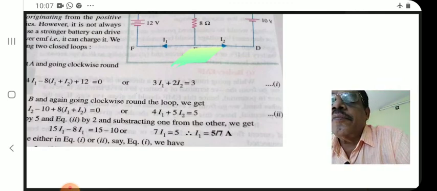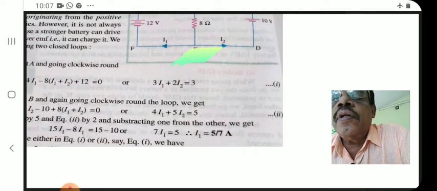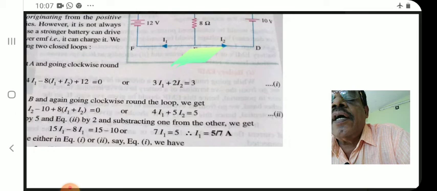A part, the top part, is missing. The idea is very clear. We have to mark the current in the circuit. There are two cells, 12 volt and 16 volt. Resistors are given.